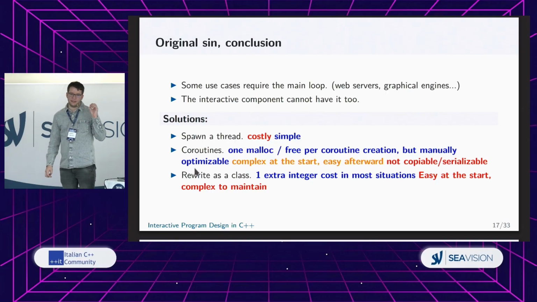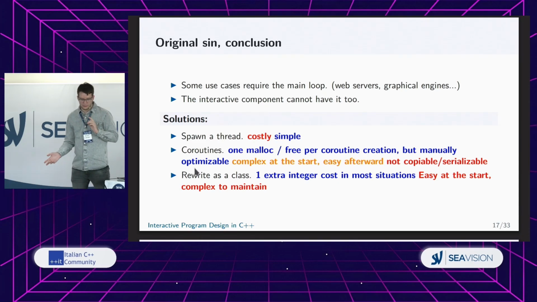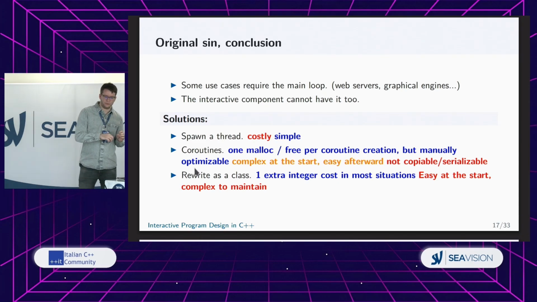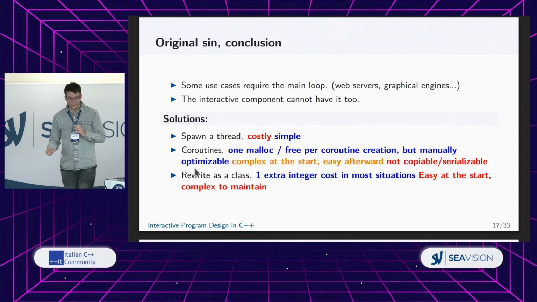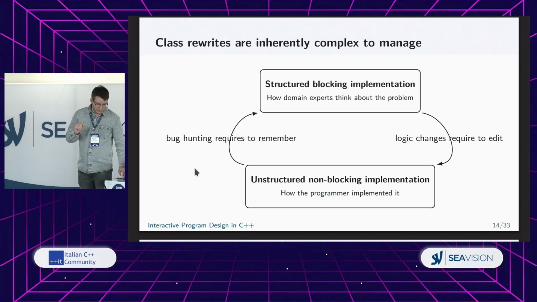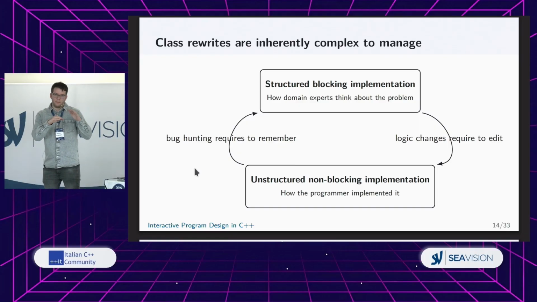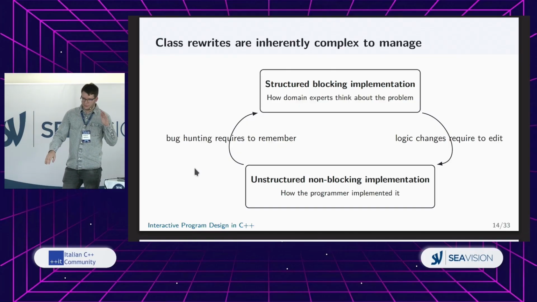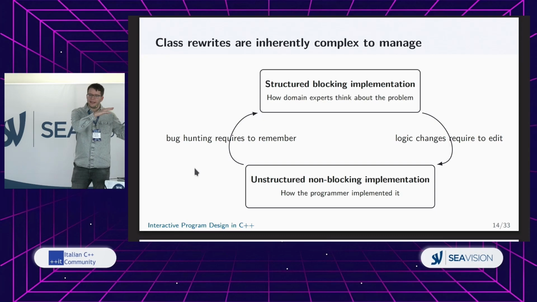Rewriting it as a class takes one extra integer most of the time. It's very cheap if you do the translation to the class correctly. And they are very easy when the program is small, but if the program grows to hundreds of user actions, it becomes very difficult to manage. And the other thing to notice is that when you rewrite the system to not block and to be serializable, the domain expert in your company will still think about the blocking version, right?